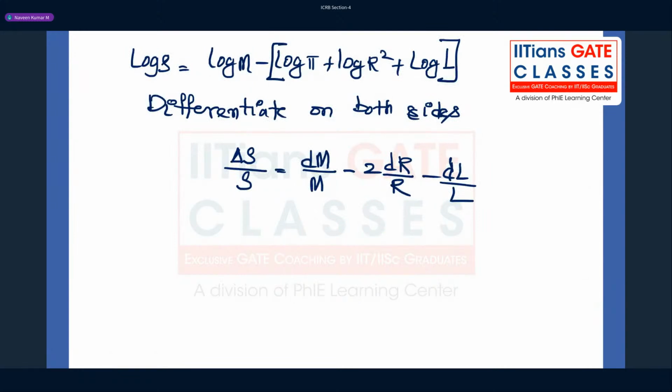So hence I can write, in the scenario of relative changes or error propagation, this is very important.